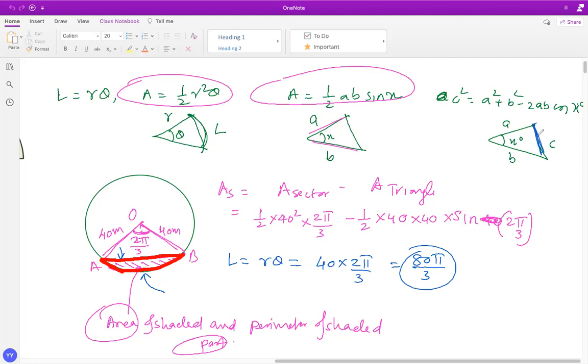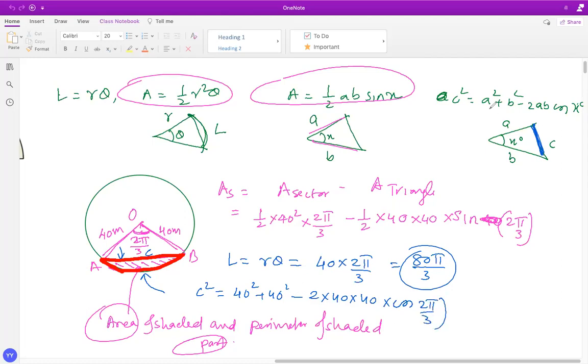Now if you want to find out this chord segment here, you can use the cosine rule. If I take this as c, c squared is going to be 40 squared plus 40 squared minus 2 times 40 times 40 times cos of 2 pi by 3.